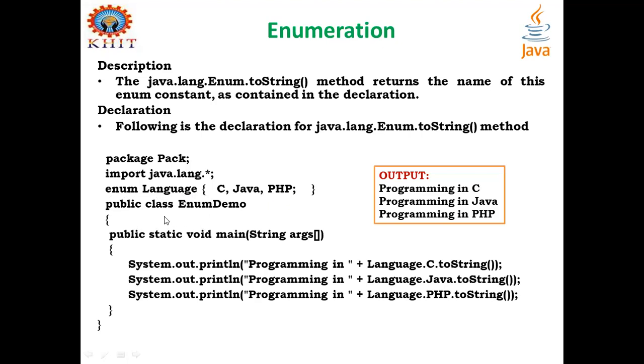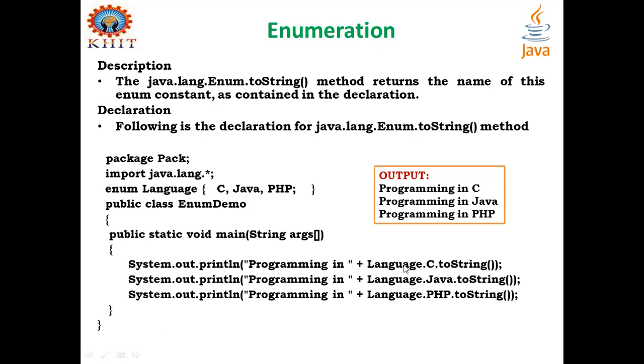And in my main class, the class name is EnumDemo. The file is stored as EnumDemo.java. And inside this main method, I'm just using this toString. So how to get this toString?